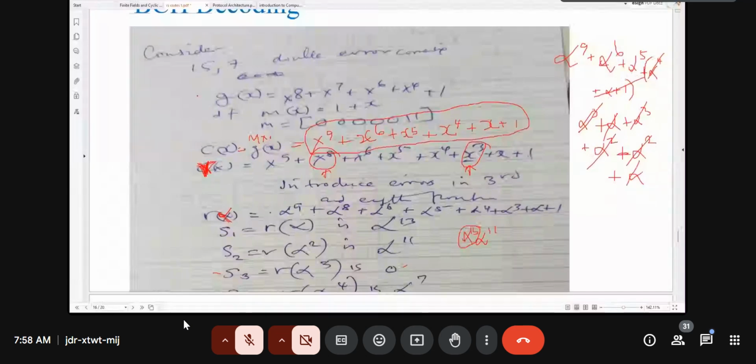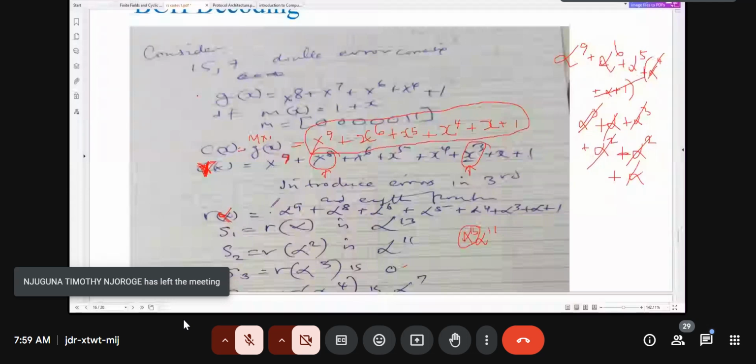For alpha to the power of 4, replace x with alpha to the power of 4. No, this is 9, sorry, the power of 9, it's not 5. Are we clear? Did I answer your question now?